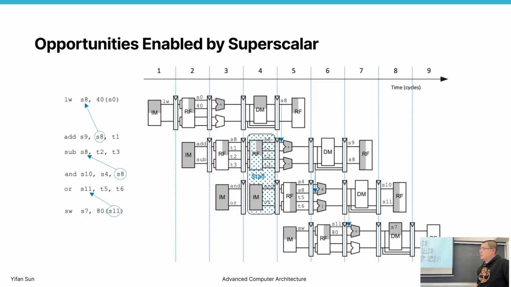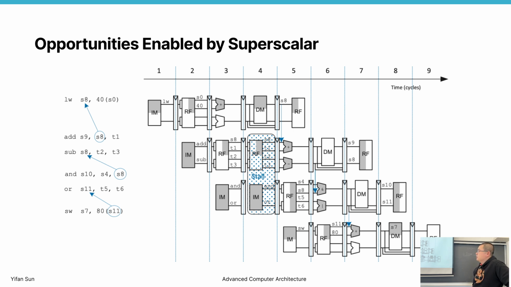So we sub T2 with T3 and store into S8, and there's another dependency, then we put S8 there. And then we start to calculate something totally irrelevant. Then we get S11, and we eventually store it as the result, using the address of S11, and store the value in S7 back to the memory. Okay, so there are some dependencies here.